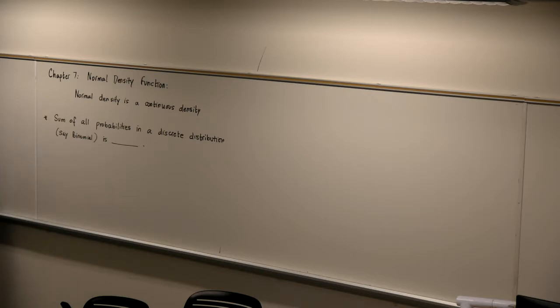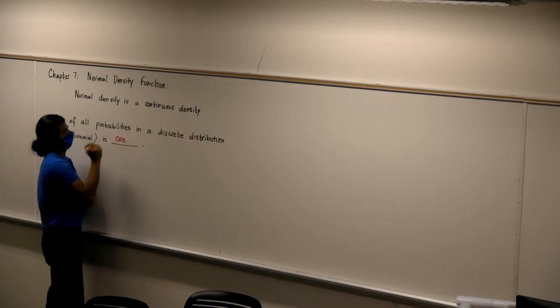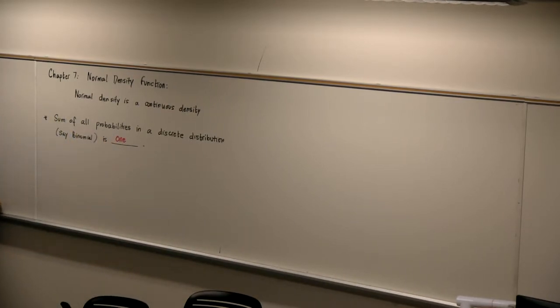This is from last time. If we sum all the probabilities in a discrete distribution, let's just say binomial, what would that value equal? 1. And it is so easy because we have discrete values and we can add discrete values.